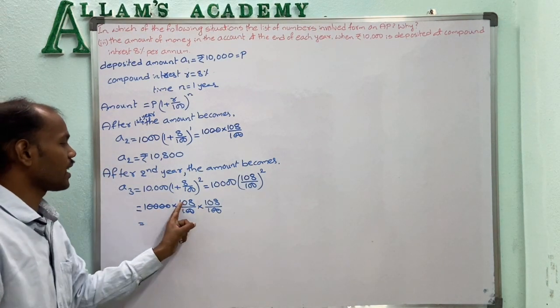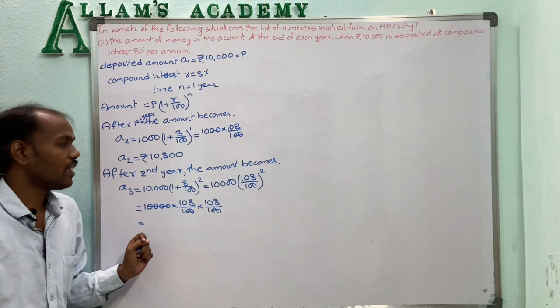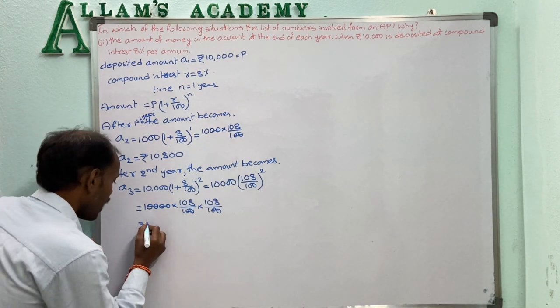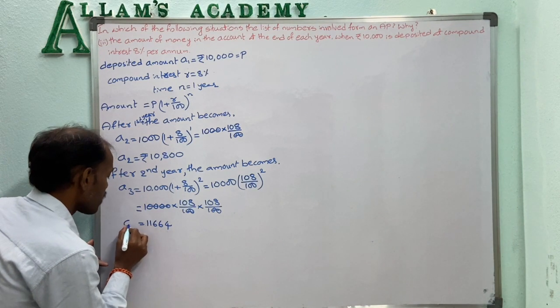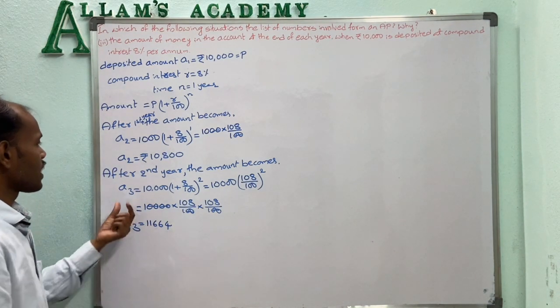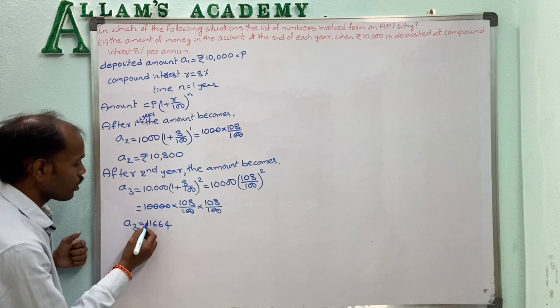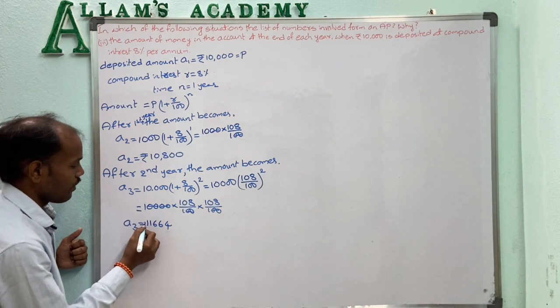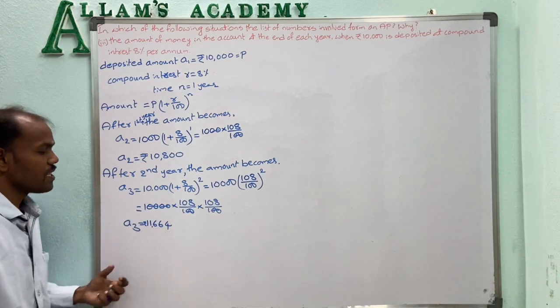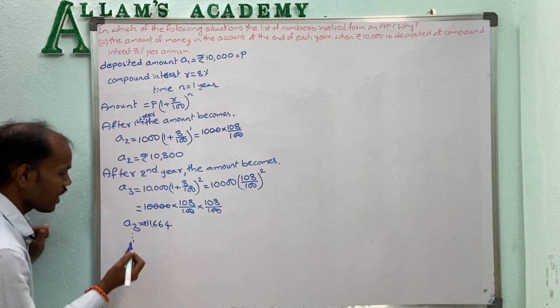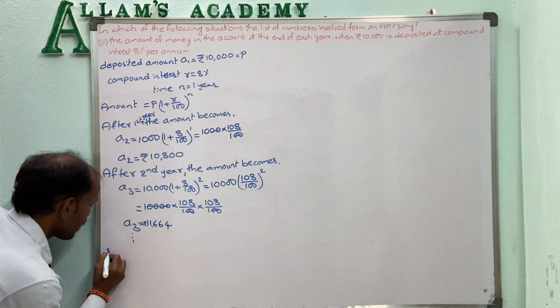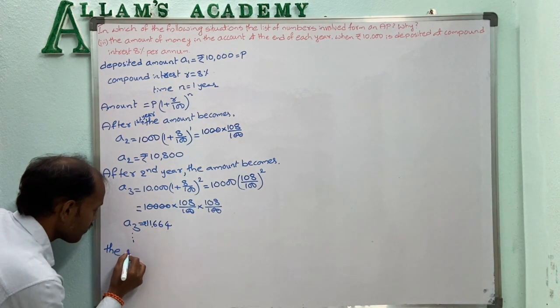That means 108 into 108 is nothing but 11,664 rupees. So after second year the amount becomes 11,664 rupees.